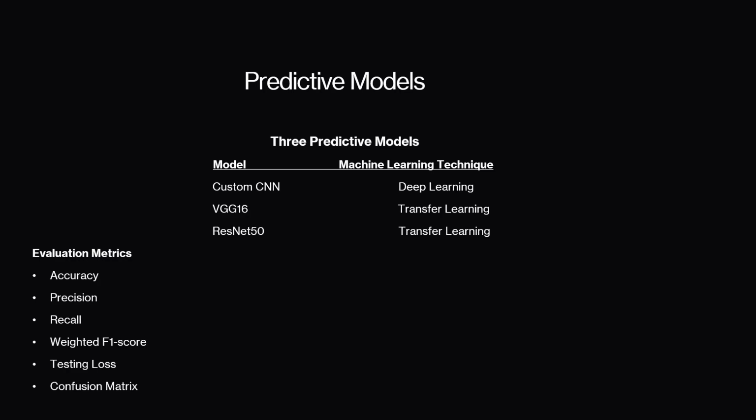3 predictive models were developed to determine which architecture produced the strongest classification performance. The first model was a custom CNN, built specifically for this project. Unlike pre-trained models, every layer learned disease-specific imaging characteristics directly from the chest X-ray dataset. The second and third models used transfer learning through the VGG16 and ResNet50 architectures.